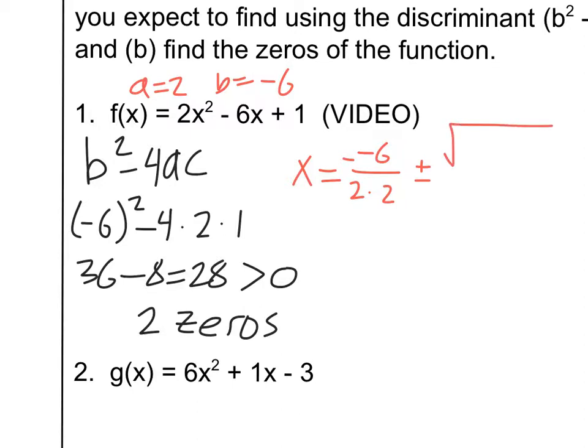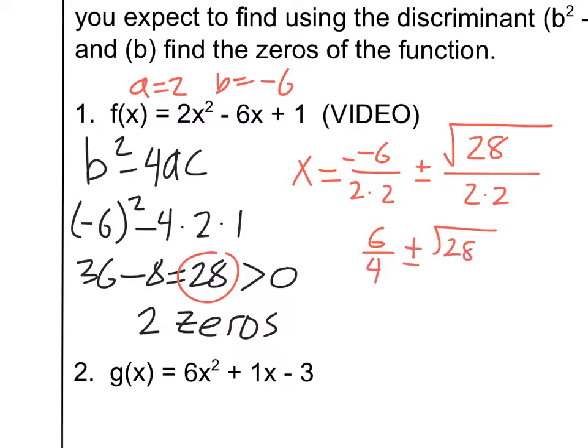We already did b squared minus 4ac, we got 28, so I'm going to plug that in here. And that's going to be dividing by 2a again, so 2 times 2. So that'd be 6 over 4 plus or minus the square root of 28 over 4. Totally fine for an answer.